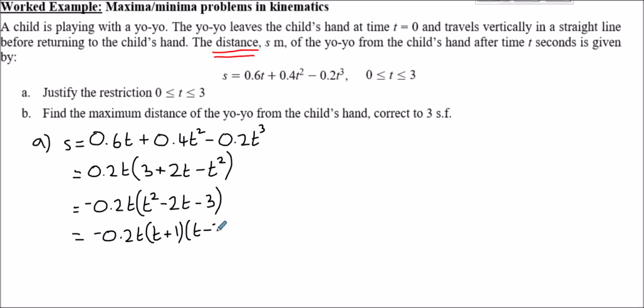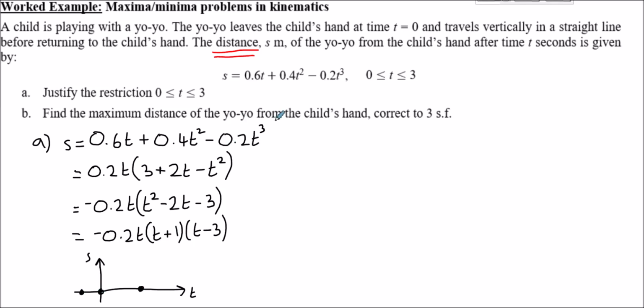And so we can now picture the graphical sketch of this. So if we imagine s going this way, and t going along, this is going to have roots where t is 0, where t is negative 1, and where t is 3.